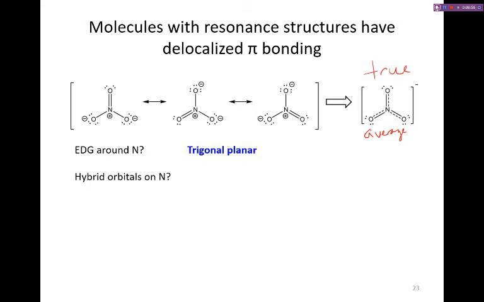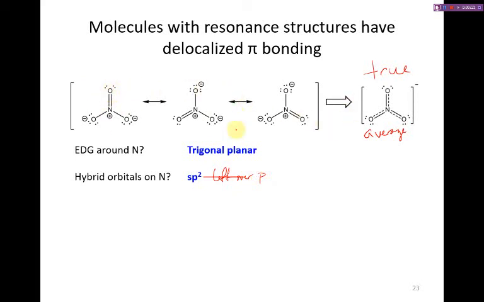However, when you look at the hybrid orbitals, that means it's going to be sp2 hybridized. And if it's sp2 hybridized, then that means it has a leftover p orbital. And then what about the oxygen atoms?